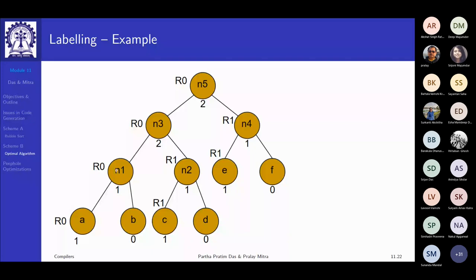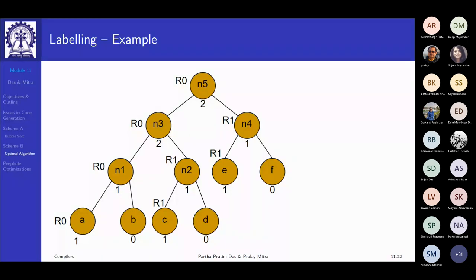What happens at N1 is the number of registers in the left subtree and the number of registers required for the right subtree are unequal, so the max is taken, which is 1. So similarly, in N2 it is 1, in N4 it is 1. But in N3, N1 and N2 both require 1. So they are equal.